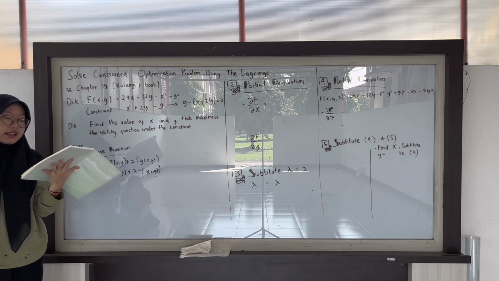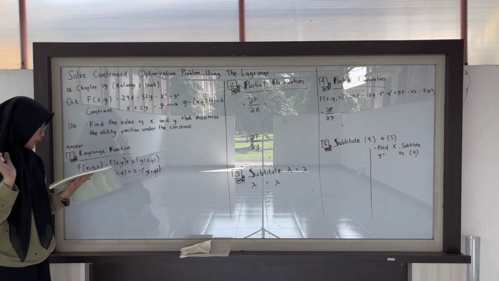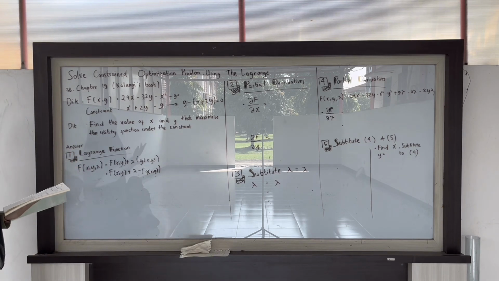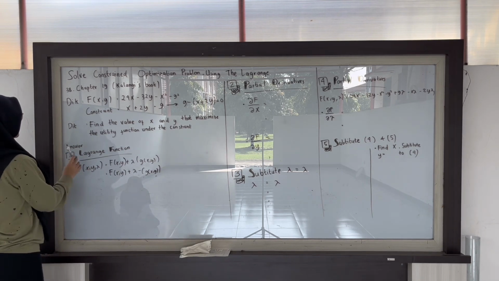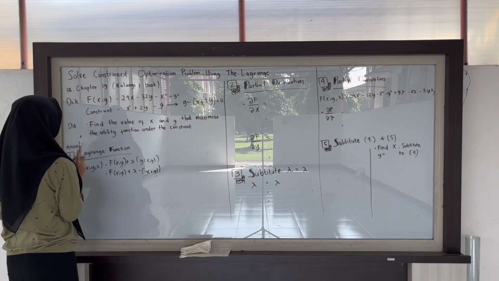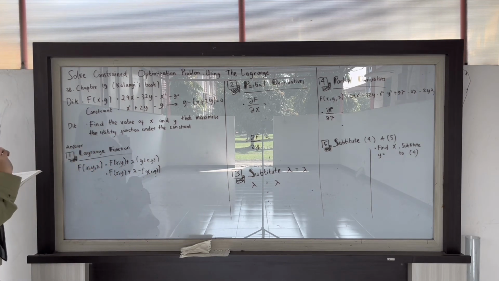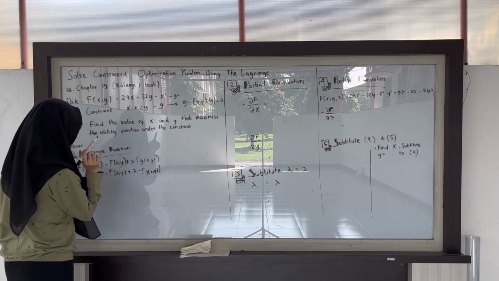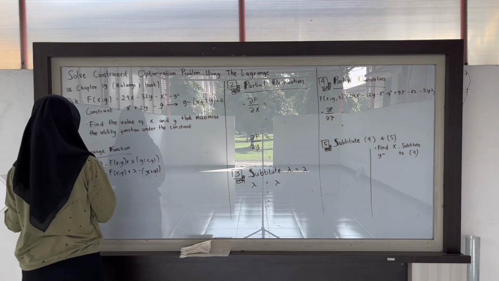Now let's move to the steps for solving the problem. First, we find the Lagrange function: F of x y lambda equals f of x y plus lambda times g of x y.